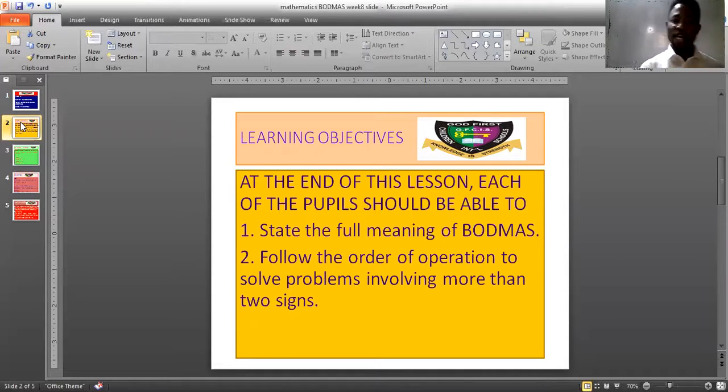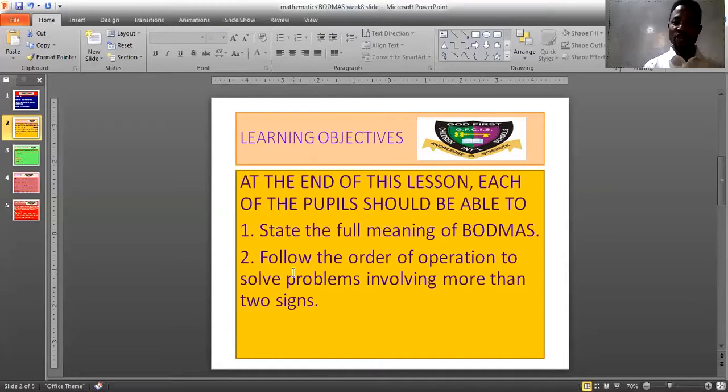At the end of this lesson, each of the pupils should be able to state the full meaning of Bodmas: bracket, of, division, multiplication, addition and subtraction. I've given you a hint.